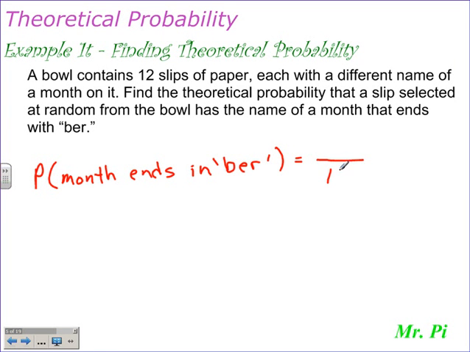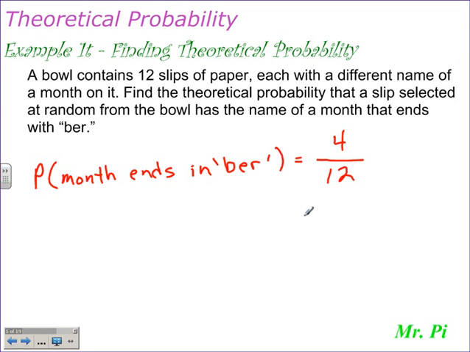I say something over 12 because we have to figure out how many months end in BER. We know there are 12 months in the calendar year, therefore our sample space is 12. Now the months that end in BER: September, October, November, December. That makes a grand total of 4. Now the probability is 4 over 12, or 4 out of the 12 months end in BER.